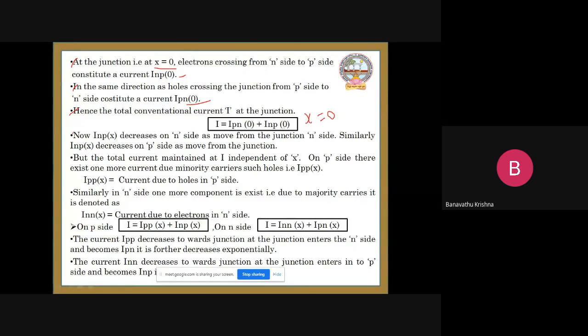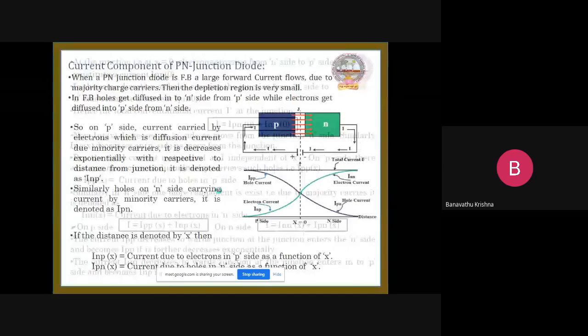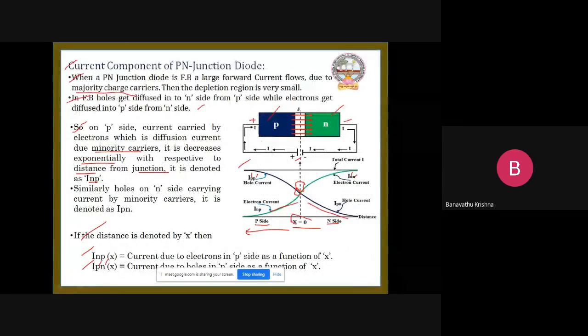Now INP of 0 decreases on the N side as we move away from the junction. This is a function of X, as X varies along the distance in the N side as well as in the P side.